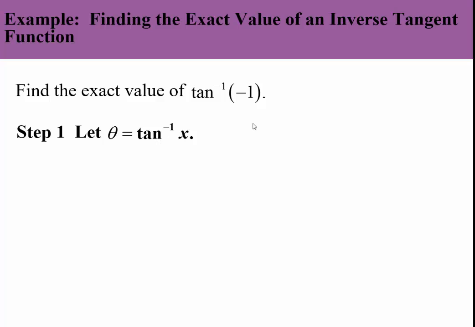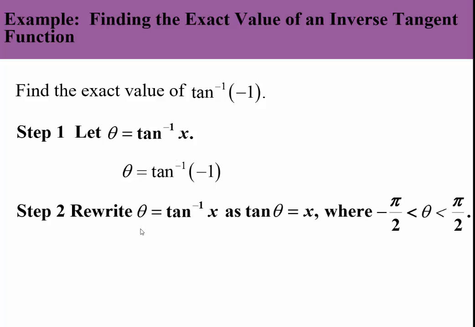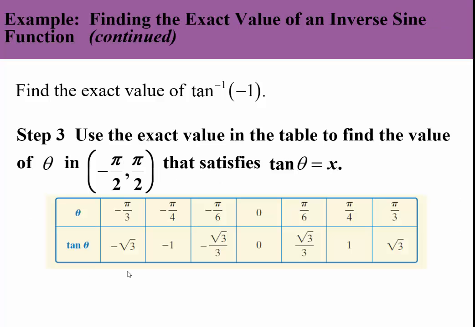All right, so we can let theta equal the inverse tangent of x, and we can rewrite this as: the tangent of what angle equals x in this restricted domain. So we can say at what angle is the tangent negative 1, and that would be here at negative pi over 4.